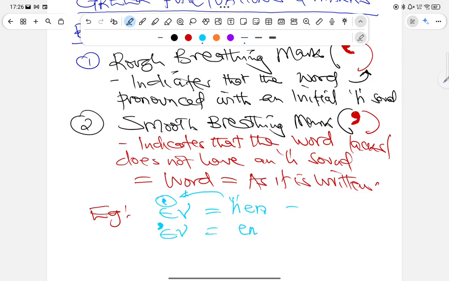You notice that even though the Greek form is the same, and the only difference is in the mark it gives, the meaning of these two is not the same. Hen, with an H sound and a rough breathing mark, actually means one in Greek. But this, epsilon nu, en, actually means in, like one would say in the beginning.